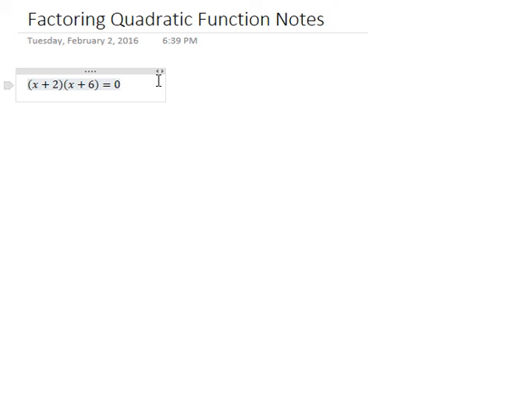When we are finding the solutions of a quadratic function in factored form, let's highlight these two blocks. We've got x plus 2 here in green, and the x plus 6 here in yellow.